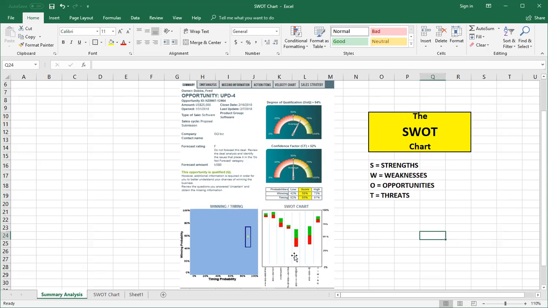What is it about the SWOT chart that causes that, and what does it identify? What kind of information that is useful to us as salespeople does this provide? And also the difference between the green and the red. When we get into actually interpreting it, the green represents the potential and the red represents the risk.